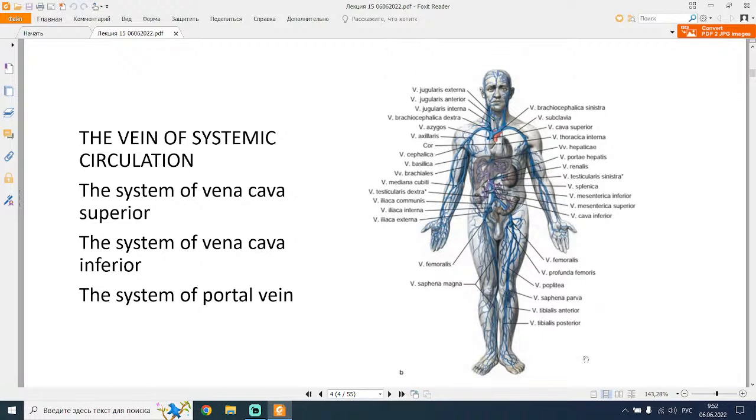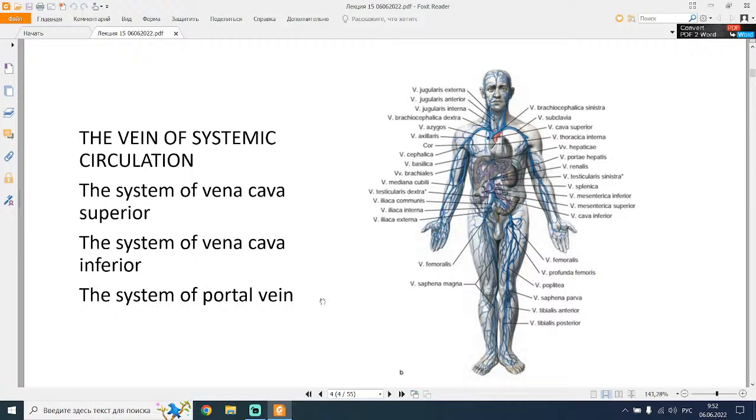The veins of systemic circulation are divided into three systems. The system of vena cava superior, these are the veins of head and neck and upper limb.